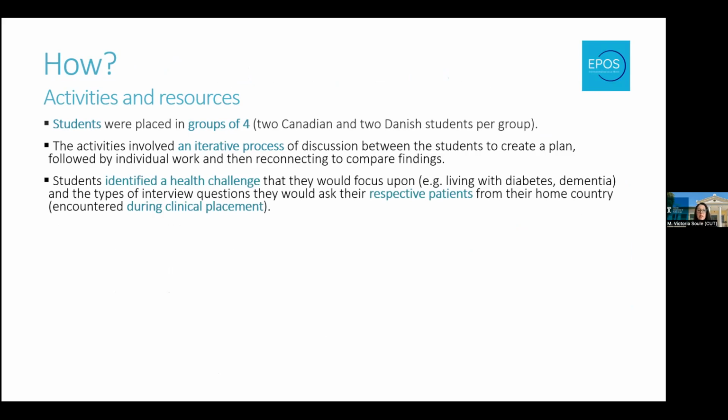Students then identified a health challenge that they would focus upon, for example, living with diabetes or dementia, and the type of interview questions that they would ask their respective patients from their home country. They would encounter this patient during clinical placement.